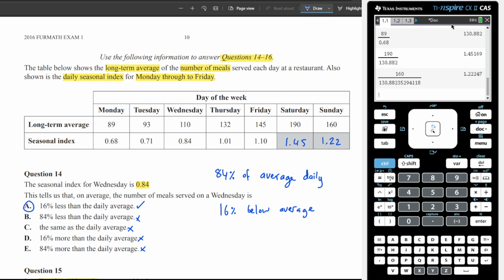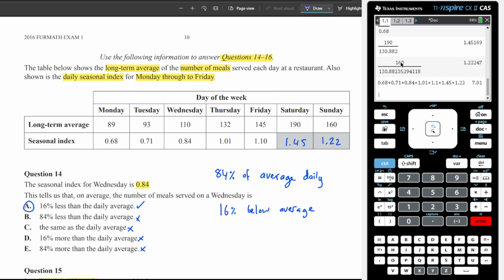1.22. And if we just want to check that we've got our answers correct, we do 0.68 plus 0.71. So just to be clear, I'm adding together all my seasonal indices. Plus 0.84 plus 1.01 plus 1.10 plus 1.45 plus 1.22.